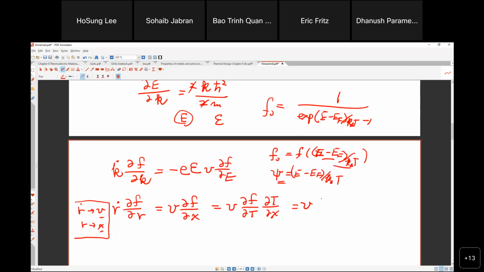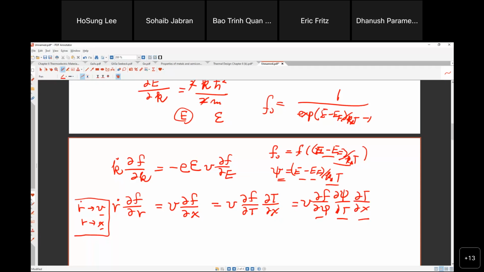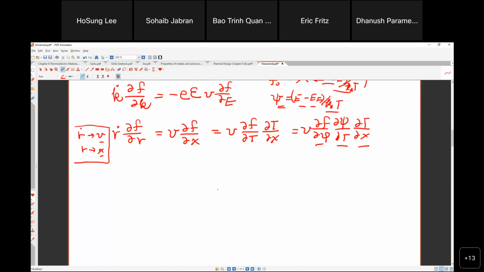So v is dF/d phi now, and d phi/dt, dT/dx. We really need to expand because we have to consider functional. So we look at that, and I'm going to skip. You can do the homework.